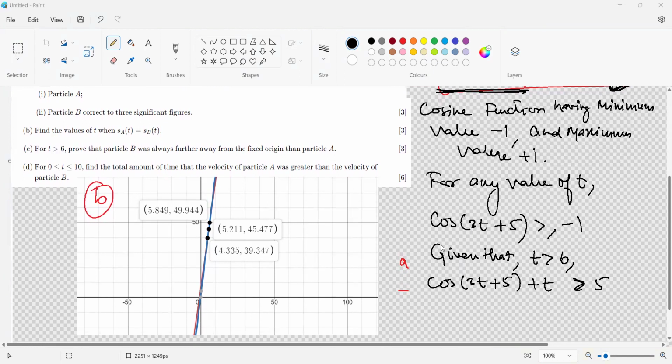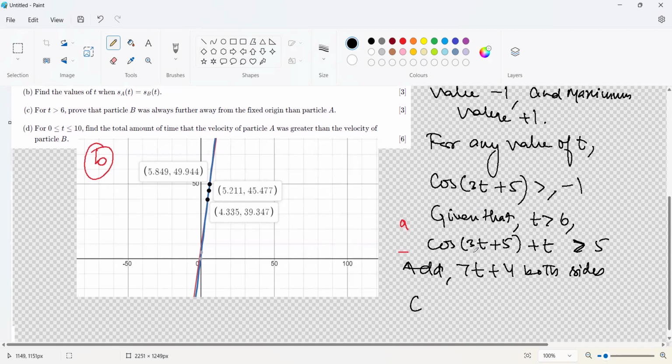Okay. Now, if I add 7t plus 4 both sides, what am I getting? Cos 3t plus 5 plus t plus 7t plus 4, that is 8t plus 4, greater than 5 plus 7t plus 4, 7t plus 9.